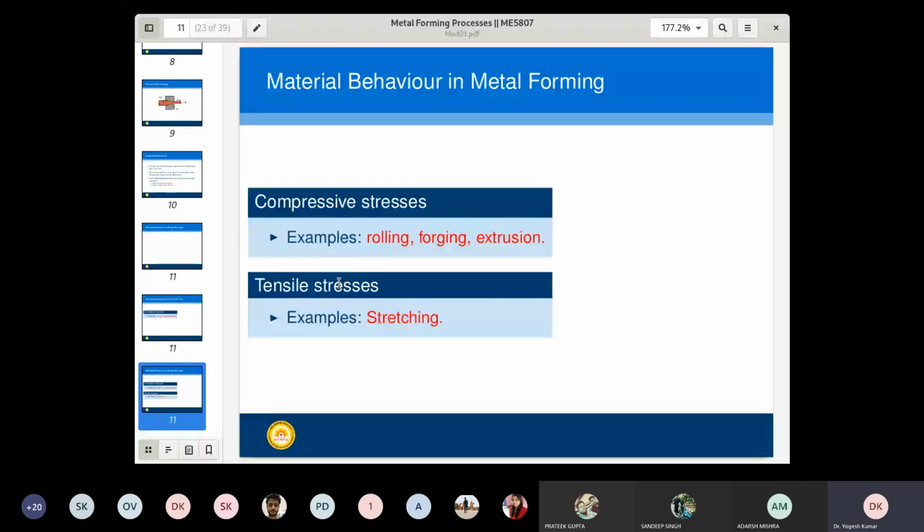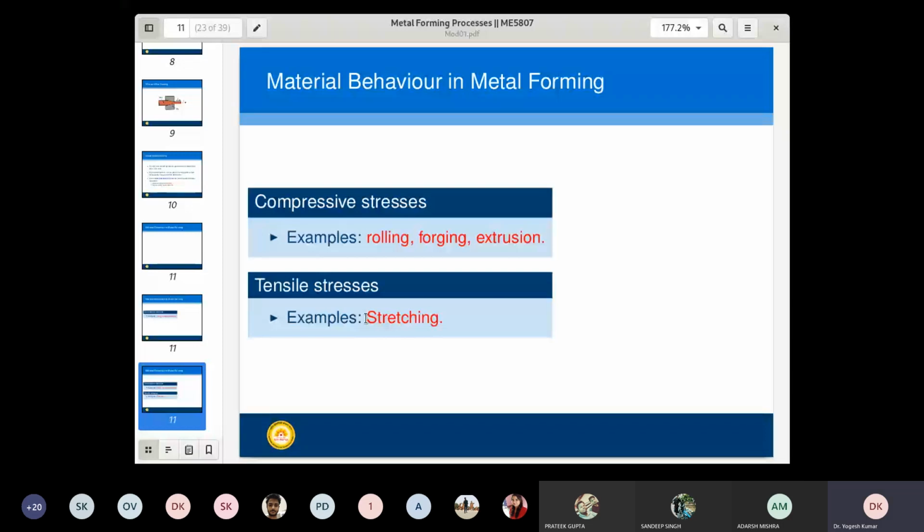As I took the example of automobile structure, we are producing some automobile part or aircraft structure by stretching a metal block. While stretching, how will the force be applied?